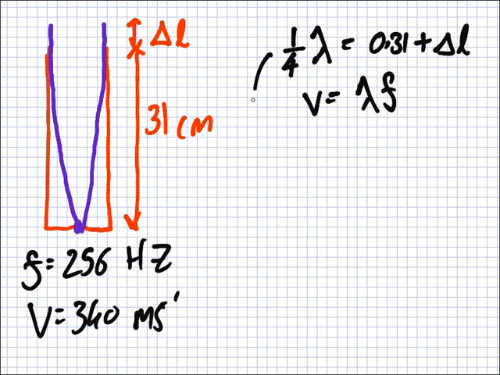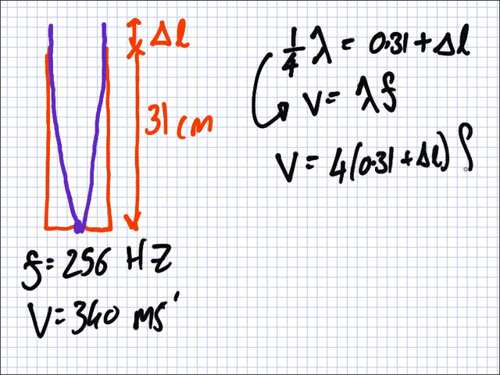So if I sub that in there, I get V equals 4 times (0.31 plus delta L) times F. Yes? Because I could just multiply the 4 up there. Okay.